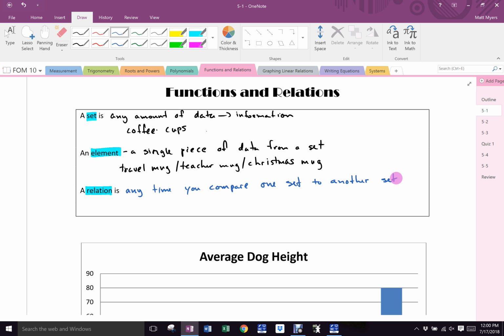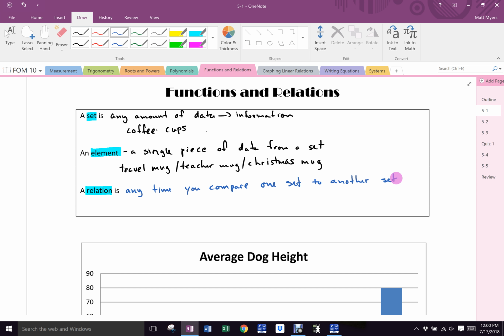The other set is any amount of data. What else in my up in the sky here now can be counted? Zach is saying fingers. Or I want to compare two sets. If one of the sets is coffee cups, it has to be some sort of relation to the coffee cups.